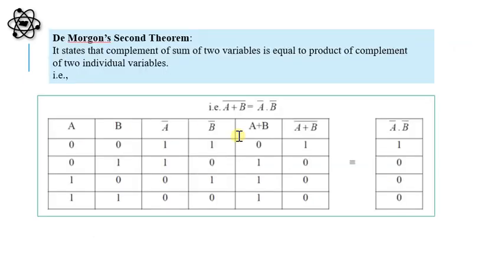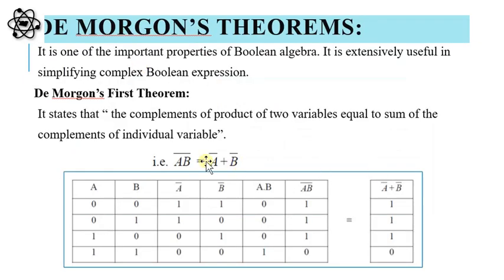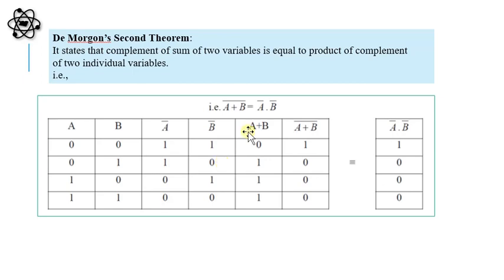Now coming to the second De Morgan's theorem. This says that the complement of the sum of two variables is equal to the product of the complements of the two individual variables. Previously, when you took the complementation of the product term, it changed to the sum term, whereas in the second theorem you are taking the complementation of the sum term, which is then turned into a product term.